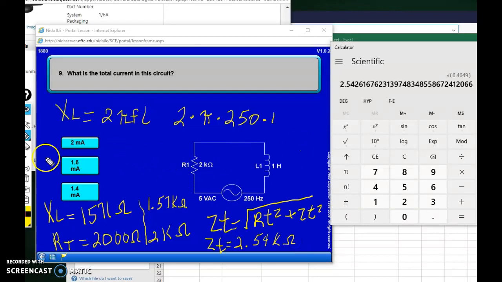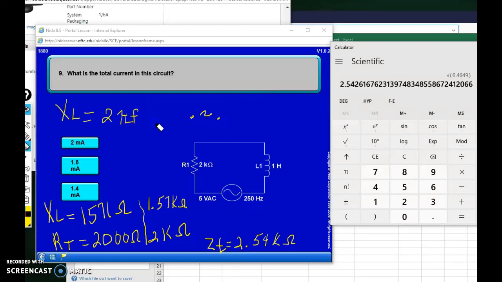Let me get rid of this one just above us to give us some space to write with. So let's get rid of this because we've done all of it. And the last formula that we're going to need is this: IT equals E, which is our applied voltage, over ZT.